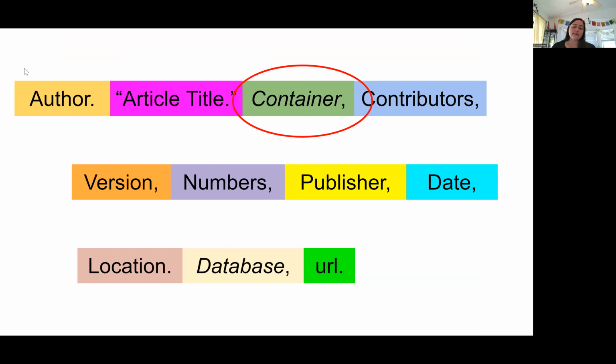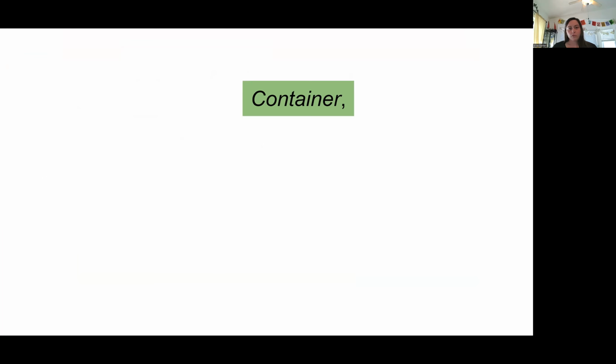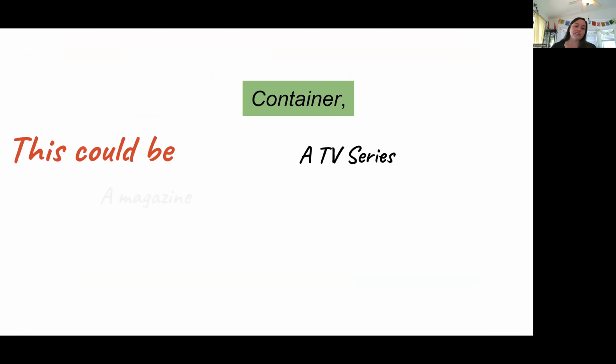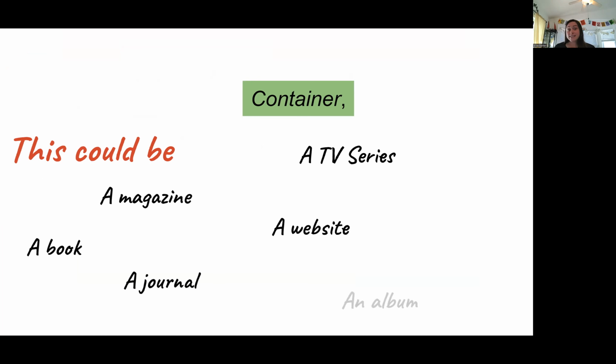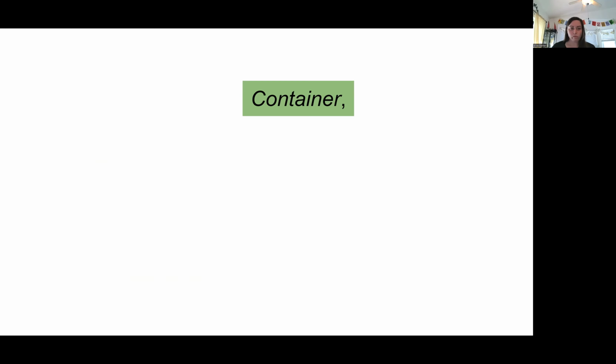The next piece of your citation could be the container. What's a container? It could be a TV series in which an episode is placed, a magazine in which an article is published, a book, a journal, a website, an album, any kind of big thing, a newspaper, perhaps, the big thing in which a whole bunch of little things are contained.